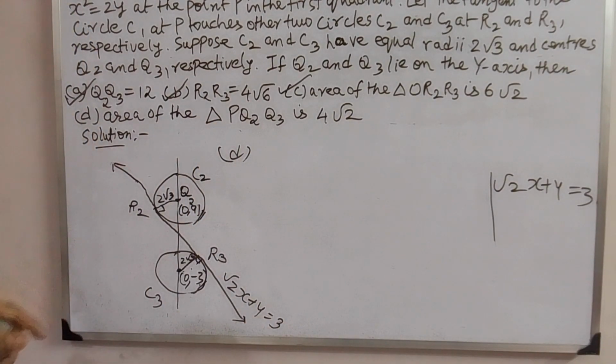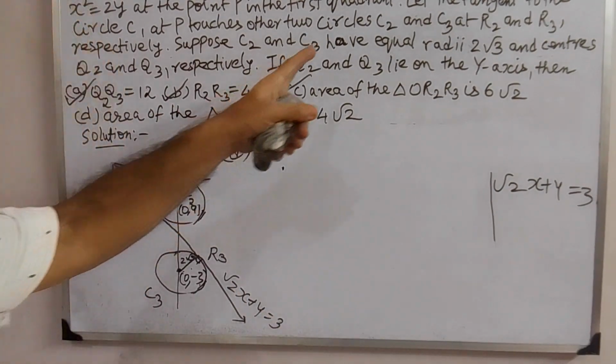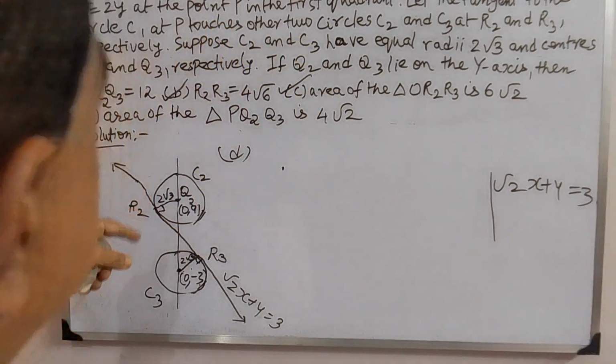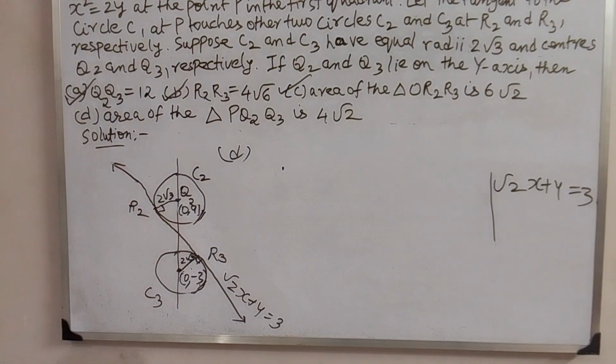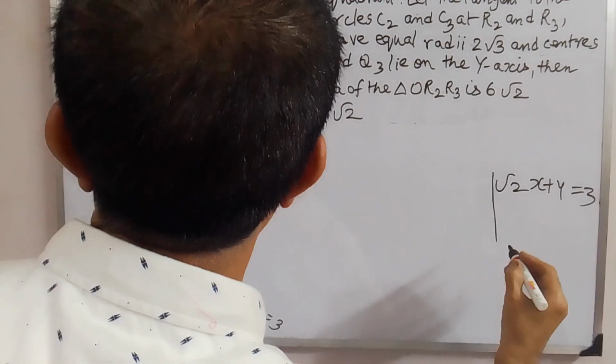So what is P? The P coordinate was the point where the circle and the tangent were meeting. So what was that point?